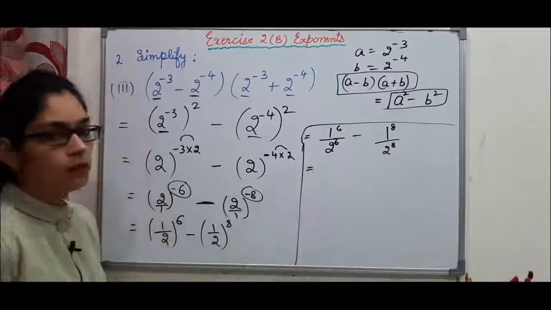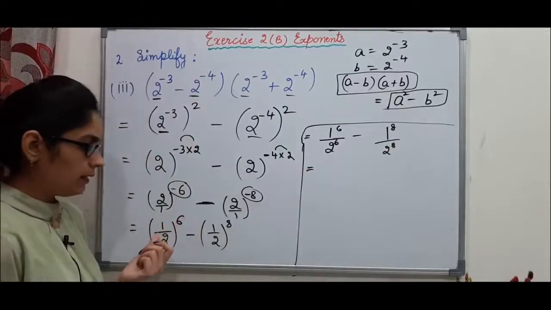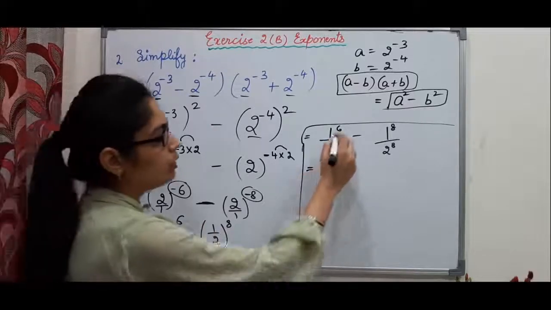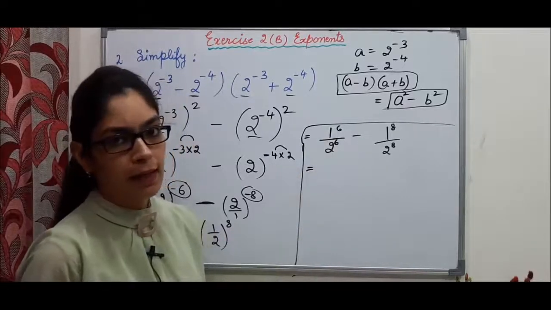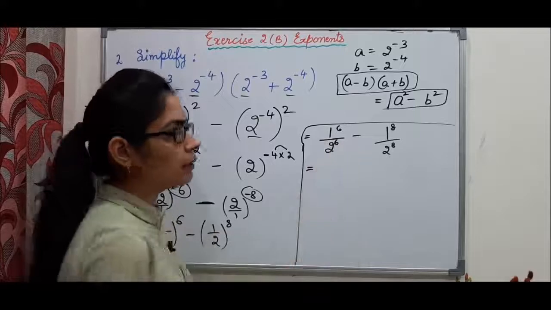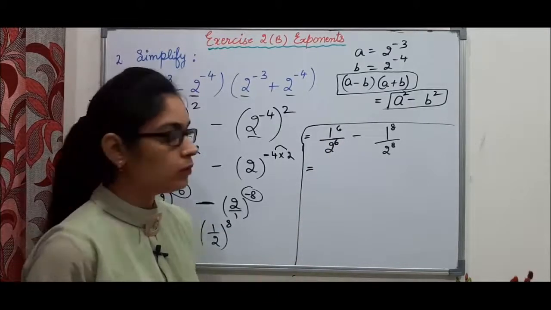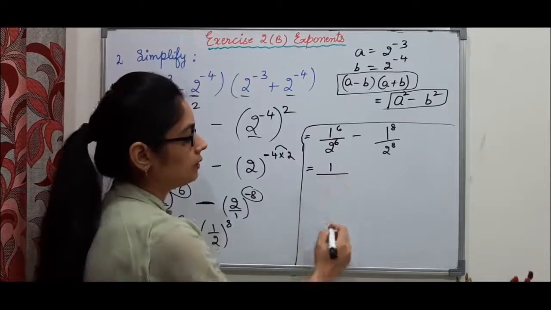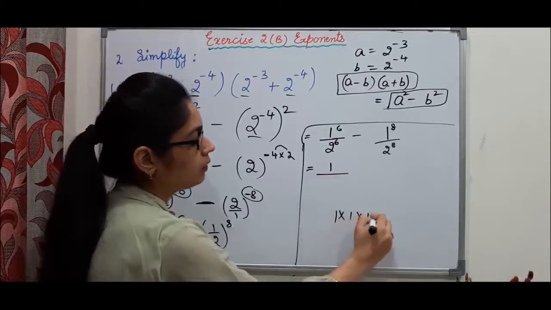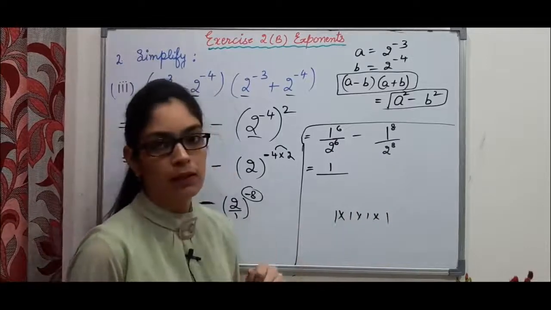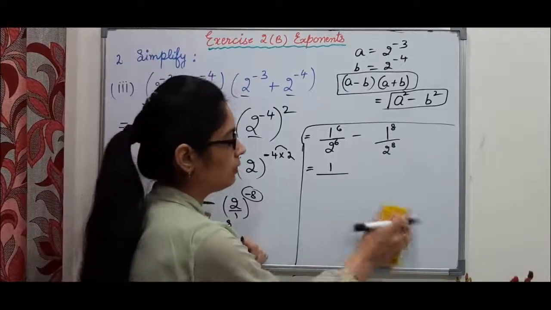I have just written the powers separately with 1 and with 2. If we multiply 1 n times, here 6 times, even 100 times, we will get only 1 as our answer. 1 into 1 into 1 and so on will always give us 1. So directly I am writing 1.